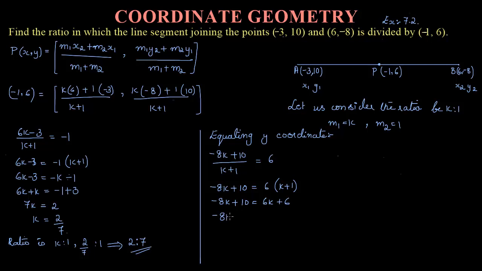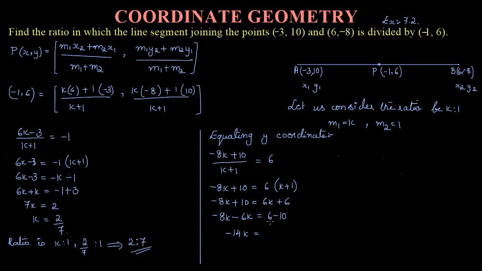Now again, shifting the variables or the unknown value to your left and everything to the right. So I am shifting this plus 6k to this side, so it will become minus 6k, which equals this 6 as it is, plus 10 I am shifting to this side, so it will become minus 10, right? Now minus 10, minus 8 and minus 6, how much are you going to get? It is nothing but minus 14k, right? Then here plus 6 and minus 10 is there.